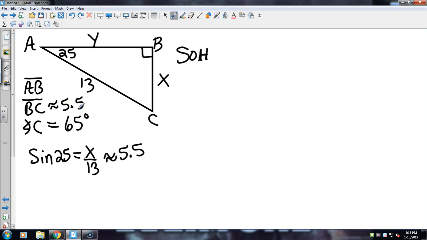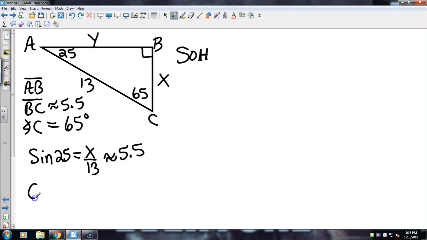Now at this point we could do a squared plus b squared equals c squared, but I'm going to go ahead and use sine, cosine, tangent to do it. To find y, which is adjacent to 25, I'm just going to use the adjacent over the hypotenuse, and so that's going to be cosine.